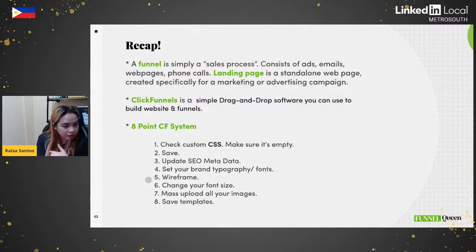First one is to check custom CSS, make sure it's empty, save, update SEO metadata, set your brand fonts or typography, wireframe, change the font size, mass upload all your images, and save templates.